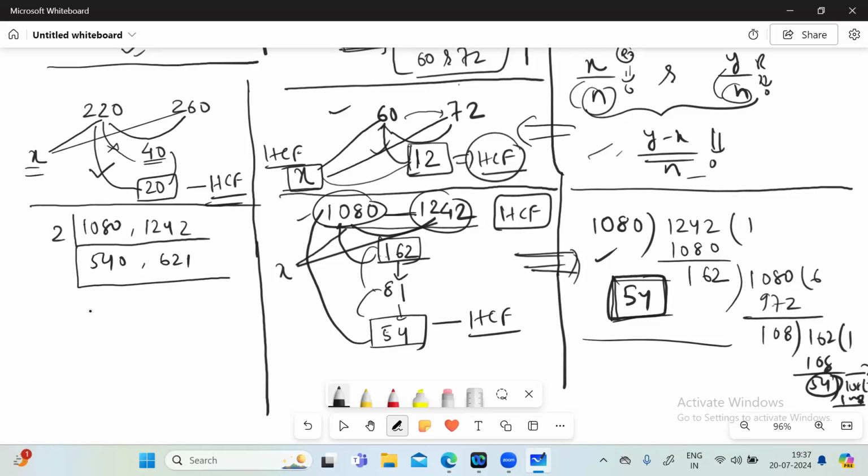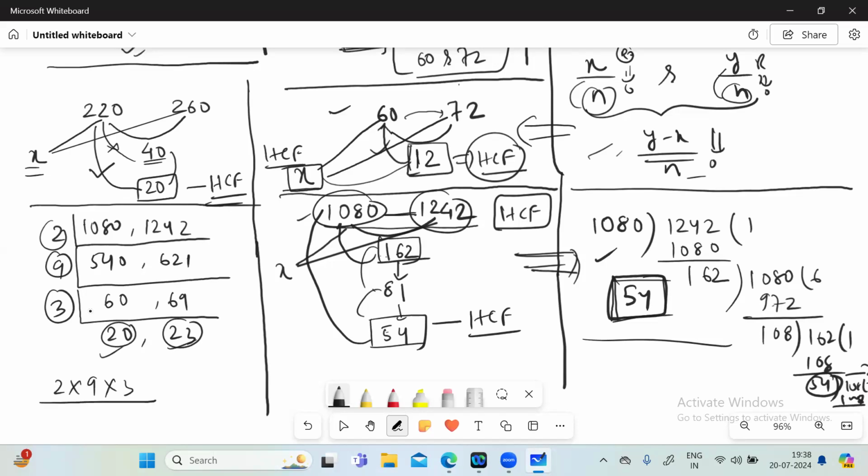Then I'll find 9, so 60 and 69. Then I will get again 3, 20 and 23. Now I'll not have anything common, no common factor, between 20 and 23. So I'll multiply all the factors which I have found to find the HCF of these two numbers. So you will get 54.